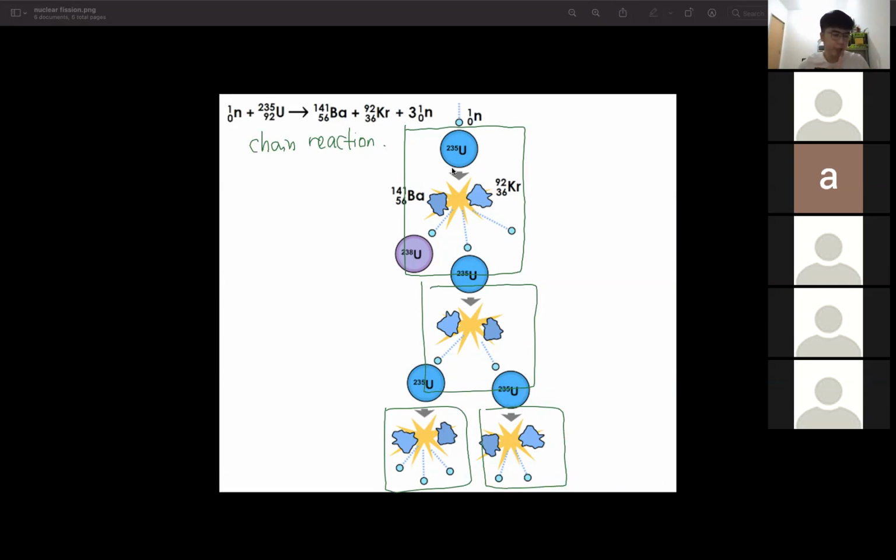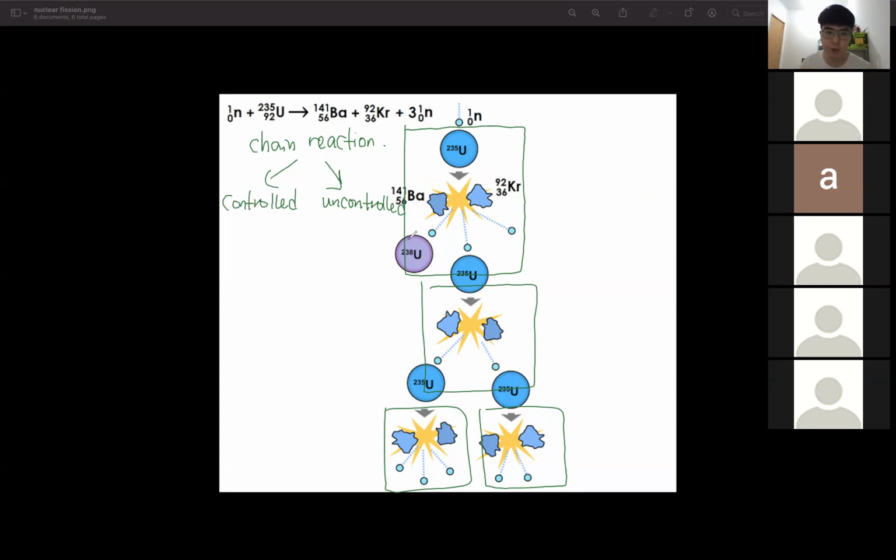In chain reactions, you actually have 2 types. First is the controlled chain reaction. Another one is the uncontrolled. Controlled is when in every fission, in every breakdown, only one neutron triggers another one.